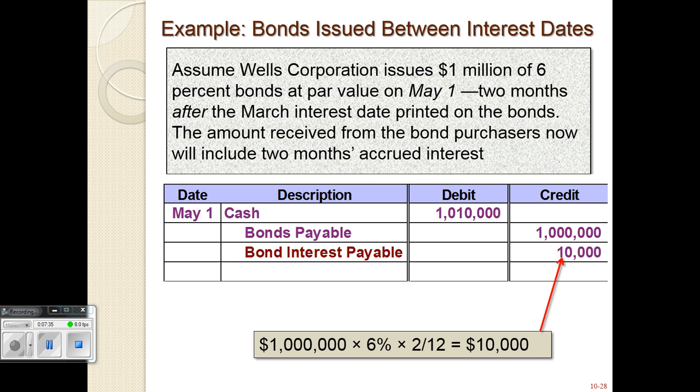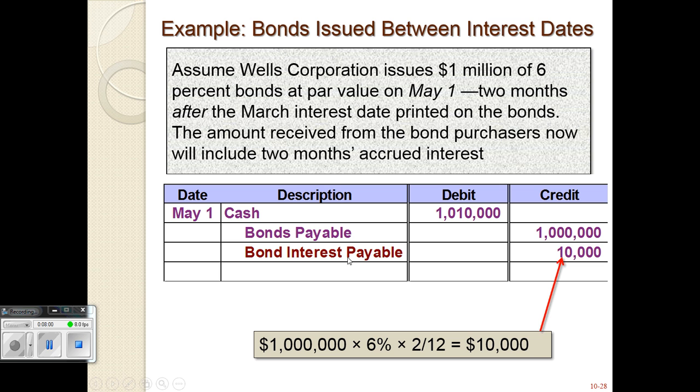So notice what we're going to do here. They issued $1 million of 6% bonds at par on May 1st, 2 months after the March interest date printed on the bonds. Okay, so notice what's going to happen. They're going to collect cash not of $1 million in this case, but 1,010 grand. Why? Because they're going to have the bond payable of $1 million and then the bond interest payable of 10 grand.